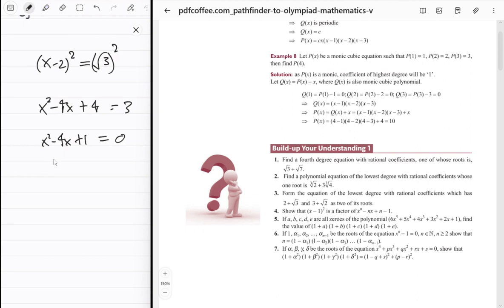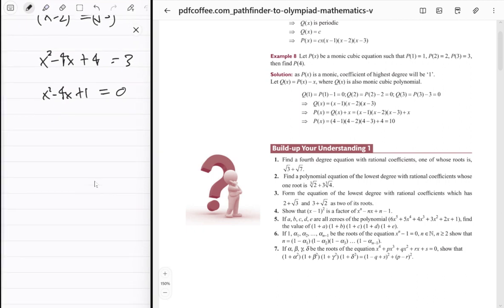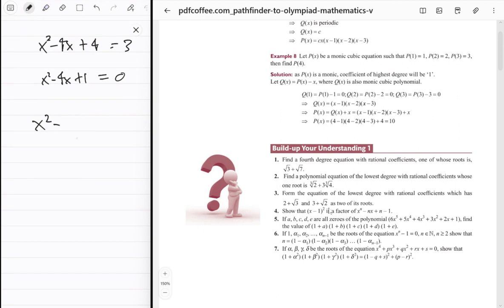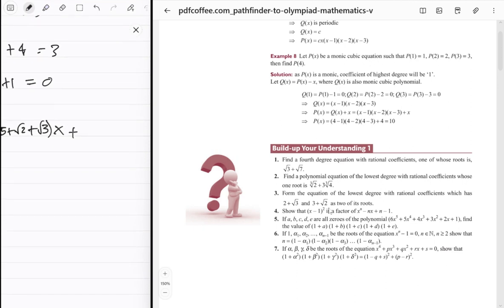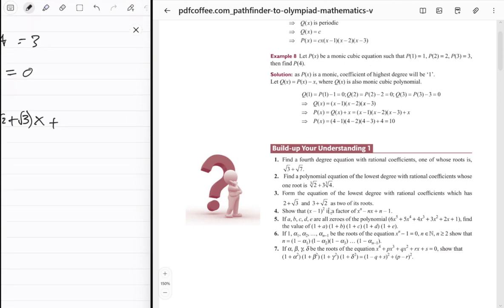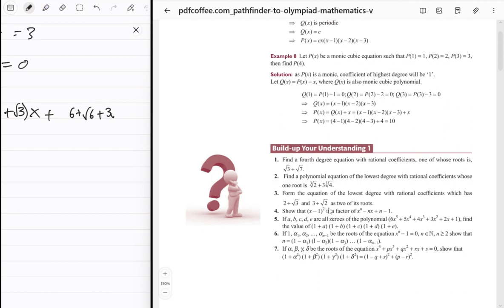There has got to be at least a 2 degree because you only got 2 roots. Can it not be a 3rd degree equation? No, it cannot be, because it's the same thing as what we did previously. If you get x minus this and x minus that, then the lowest degree equation is x squared minus (5 plus square root of 2 plus square root of 3) times x, plus the multiplication of these, which is 6 plus square root of 6 plus 3 square root of 3 plus 2 square root of 2.